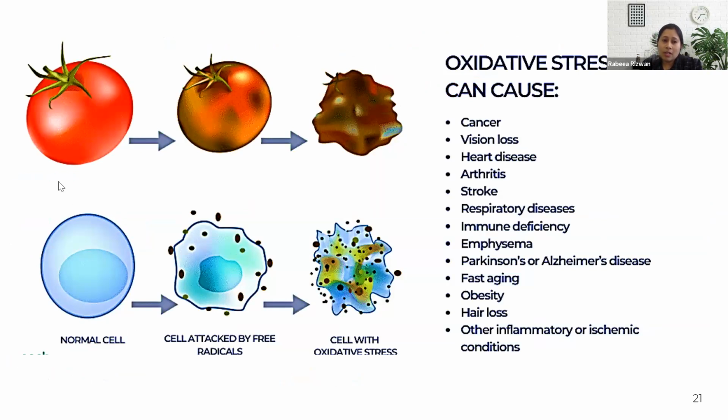In the same way, our normal cells are daily exposed to free radicals, and one day, if exposed to a lot of oxidative stress which can't be controlled, it may affect the organ of which the cell is a part, such as our brain, our eyes, or any organ, and that may lead towards cancer.